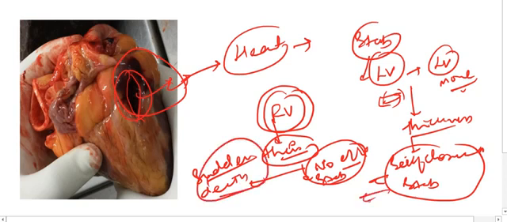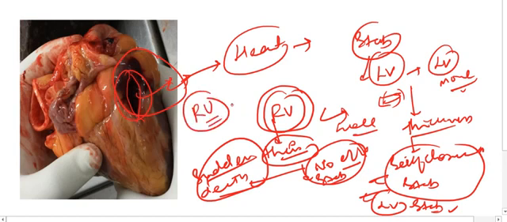Death is slightly delayed in case of left ventricular puncture as compared to a right ventricular stab wound. So right ventricle and left ventricle stab wounds are both fatal, but it will be rapid in case of a stab wound over the right ventricle or any of the atria.